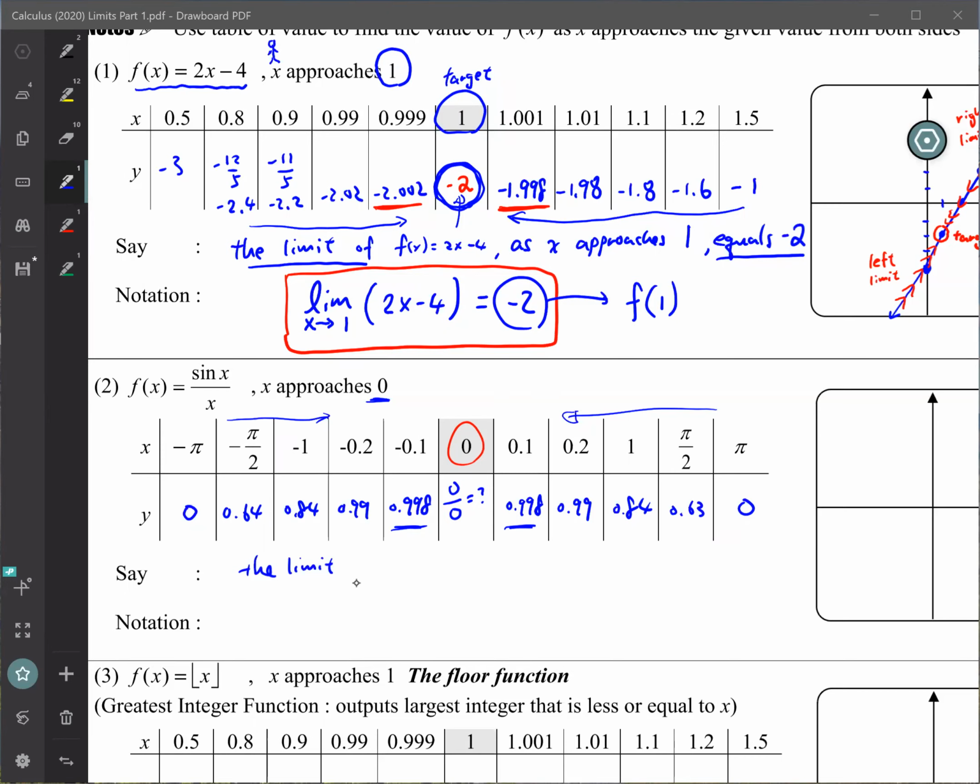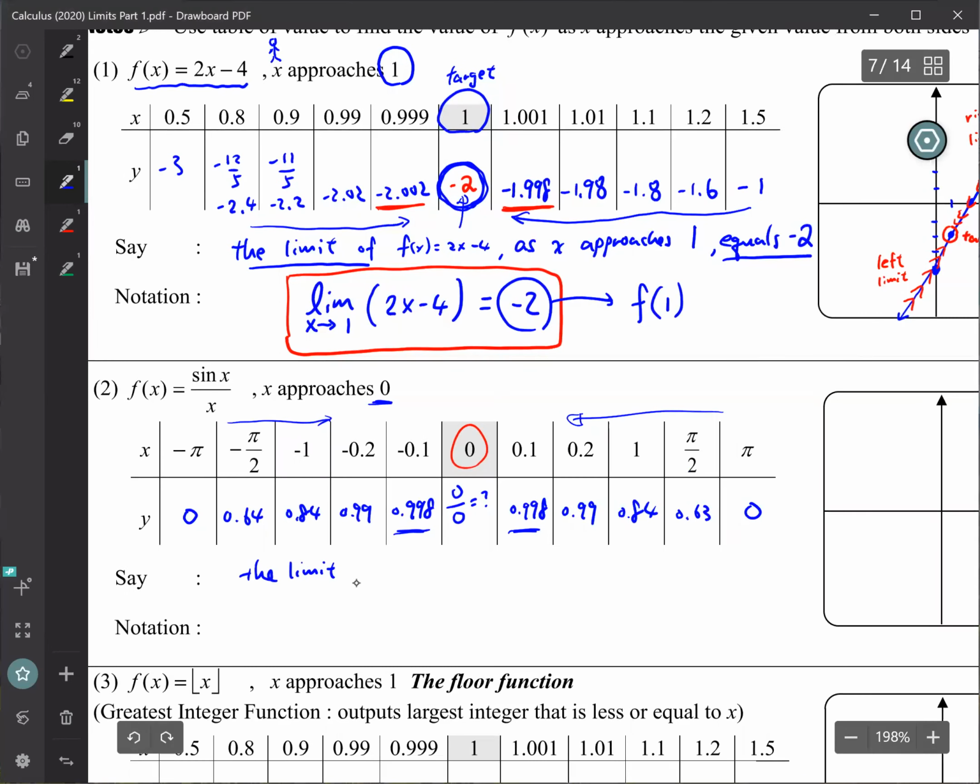All right, so Emily, can you tell me how to write the sentence? It would be the limit of f of x, which is equal to sine x over x, as x approaches 0, equals 1, I think. Yeah, very good.